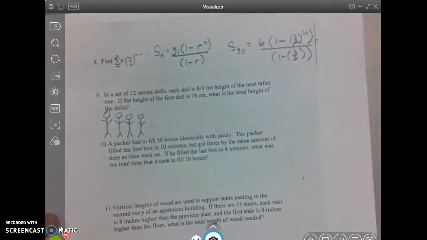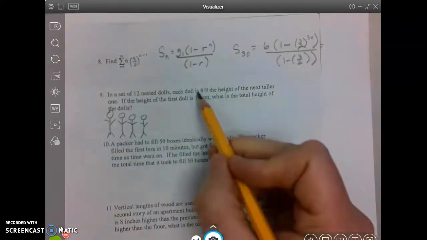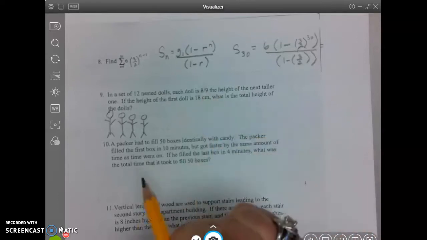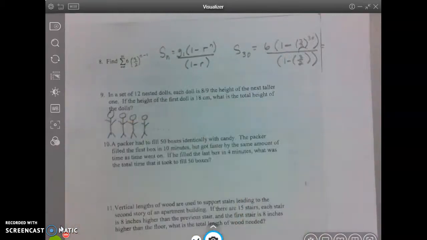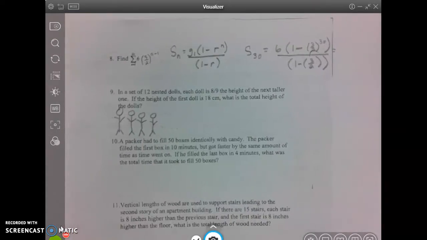So that's what's happening. And they're nested, one sits inside of the other. And it's 8/9 the height, not minus 8/9, but times 8/9. So think of the first doll is 18, and every doll after that is 8/9 the height. We will pick up number 9 in our next video.